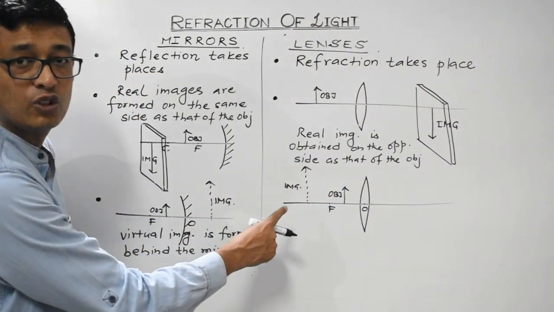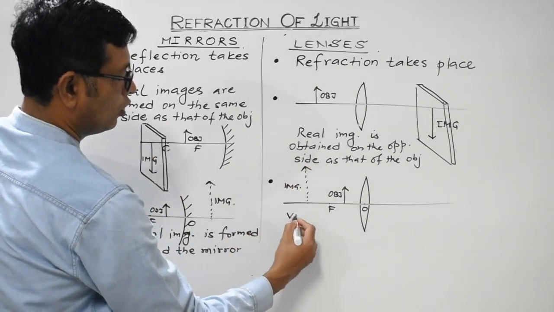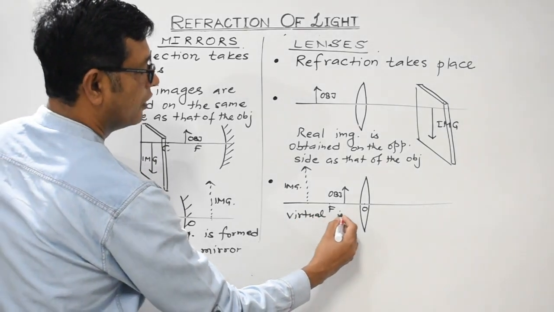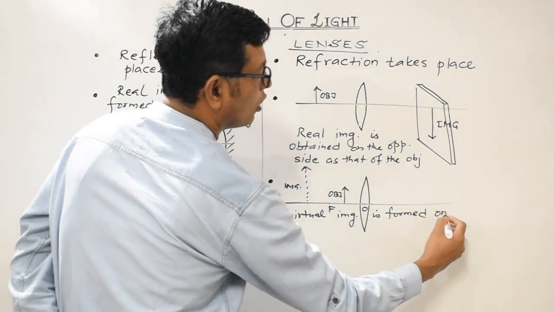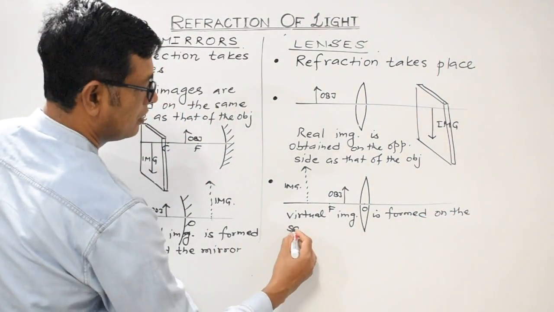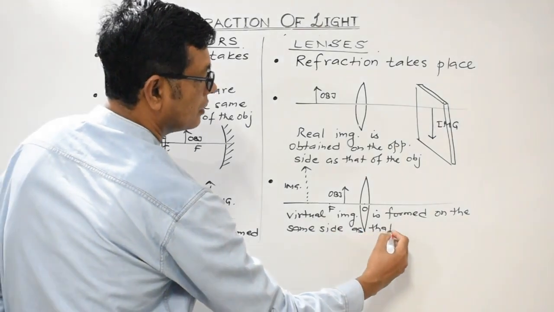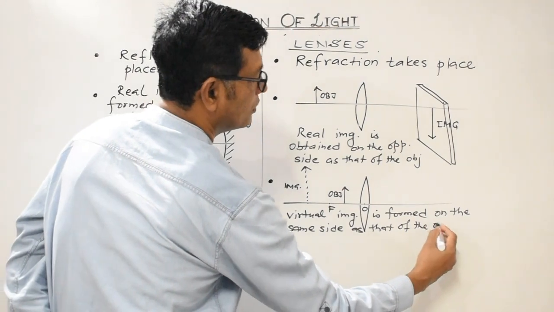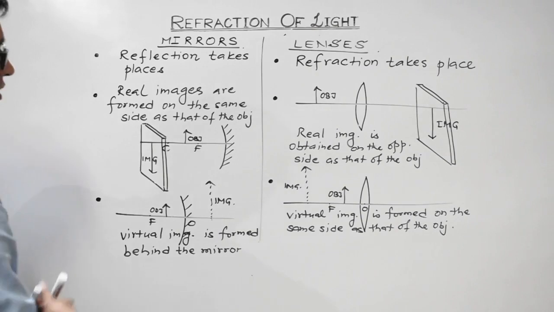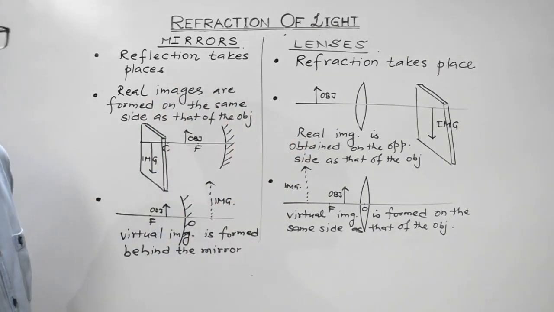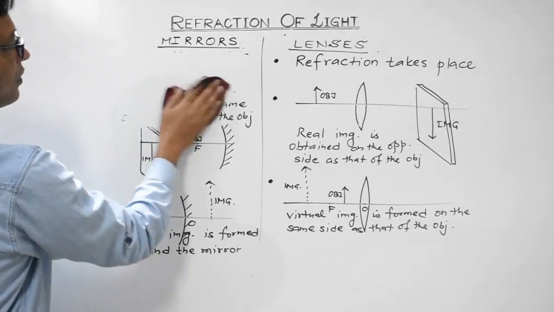So here virtual image is obtained on the same side as that of the object, and therefore it can't be obtained on the screen. So students, these are some very important facts. There are some other differences as well. Let's discuss those differences also.